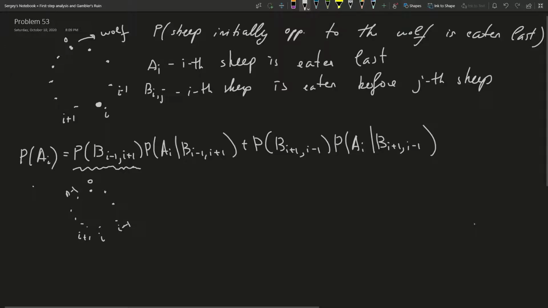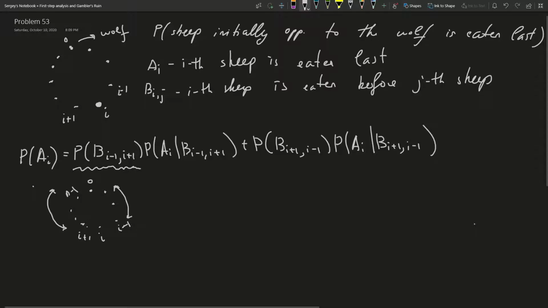Now notice that this problem can be framed as a gambler's ruin problem, where x starts with the amount of sheep in this left part of the circle, and y starts with the amount of sheep in this right part of the circle.